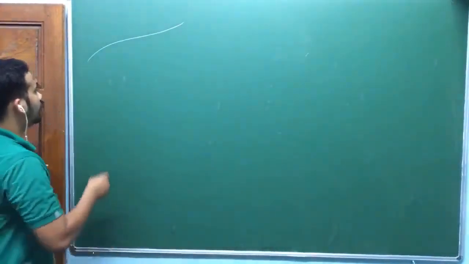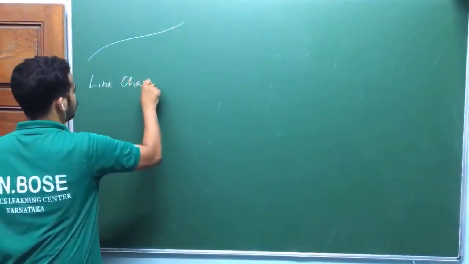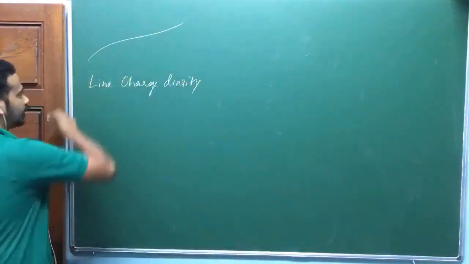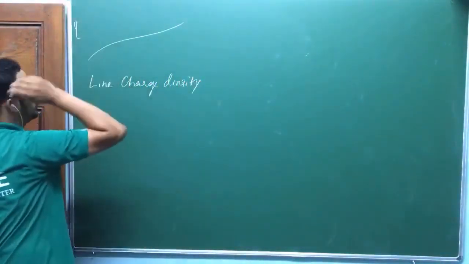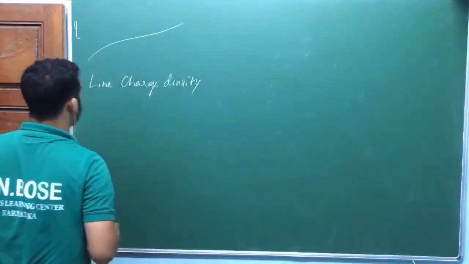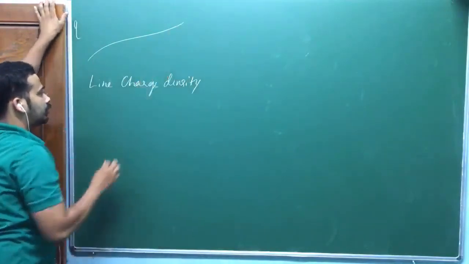Now we are going to define line charge density here. There may be some total charge Q when you count the total amount of charge. But we define line charge density because these charges are closely spaced.